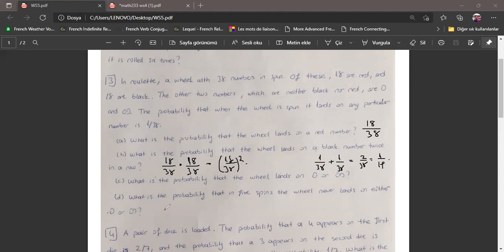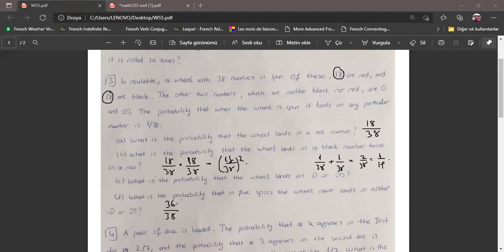So in the first spin, we have 38 possible outcomes, right? So either we can have 18 red numbers, or 18 black numbers. Okay, we don't want 0 or 00. So we will have 36 possible outcomes in the numerator.